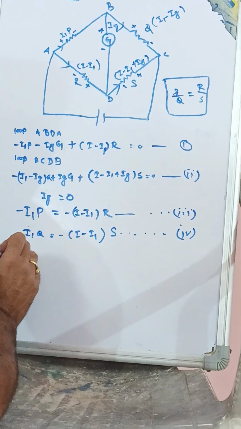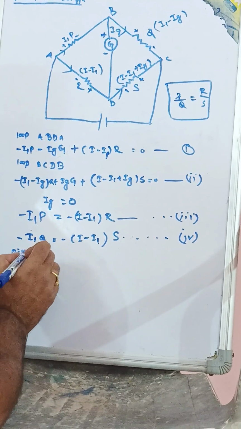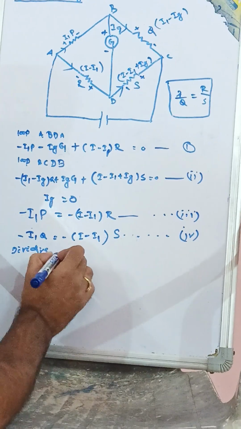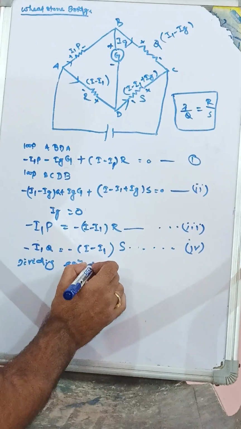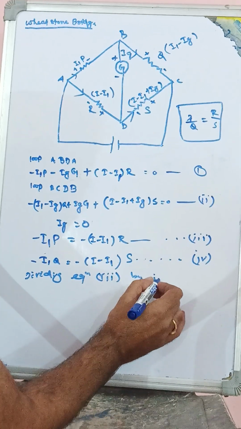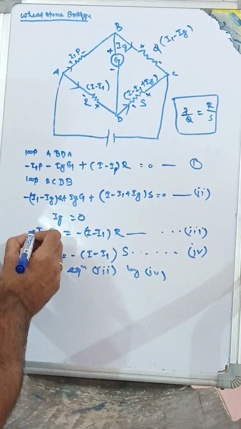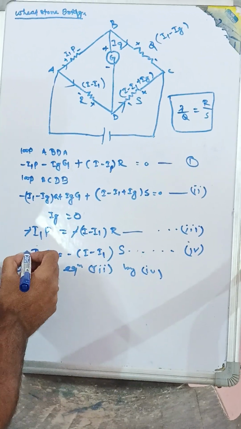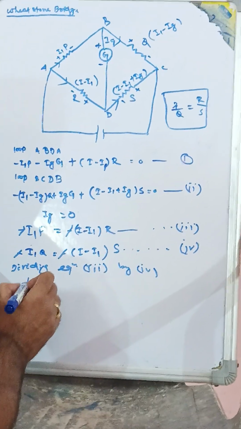We divide equation number 3 by 4. Then this will cancel, this will cancel.